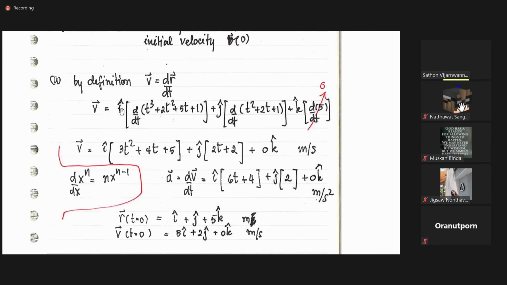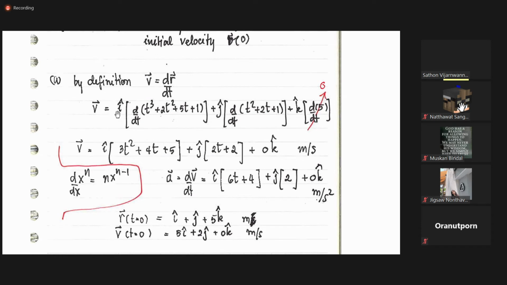Velocity is i, which is a constant vector, times d by dt of the x component, which is t cubed plus 2t squared plus 5t plus 1, plus j times d by dt of the y component, which is t squared plus 2t plus 1, plus k times d by dt of 5. And we know that the derivative of a constant is 0. So for the k direction, there is no velocity.